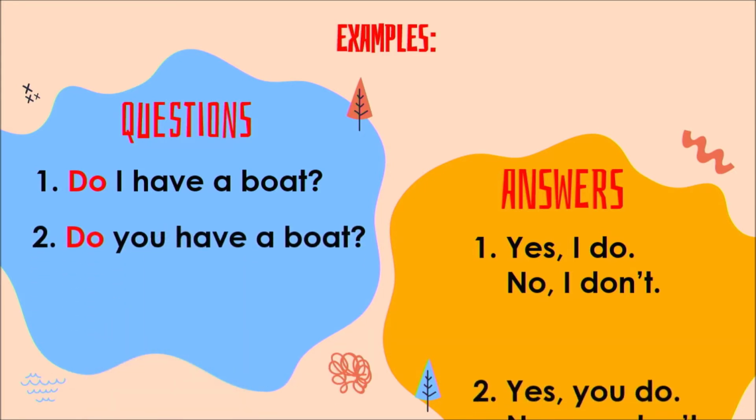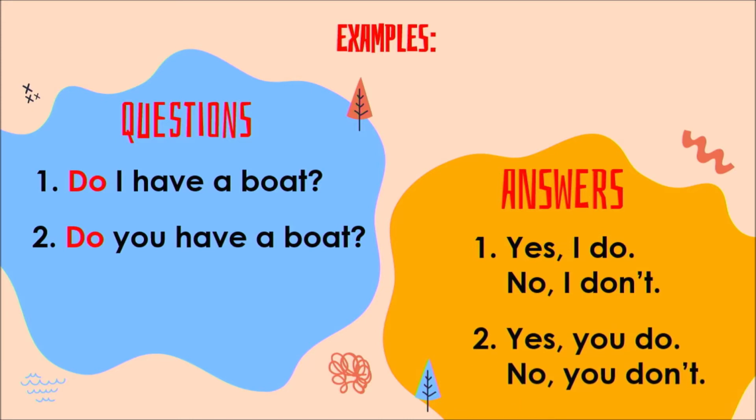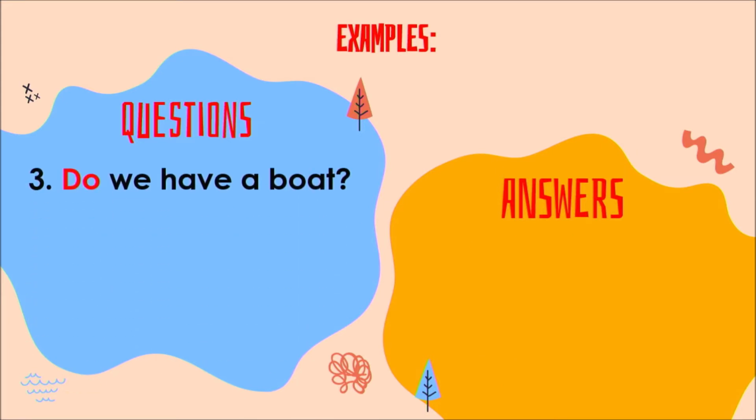You can answer that by yes, you do, or no, you don't. If you notice, kids, we use do because our subject is I in number 1, and we use do for number 2 because the subject is you.